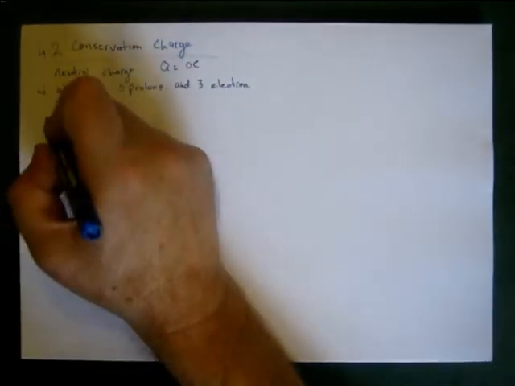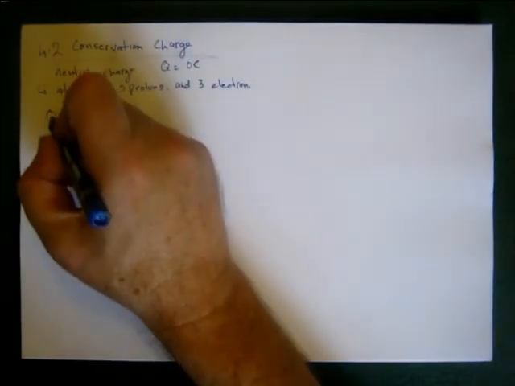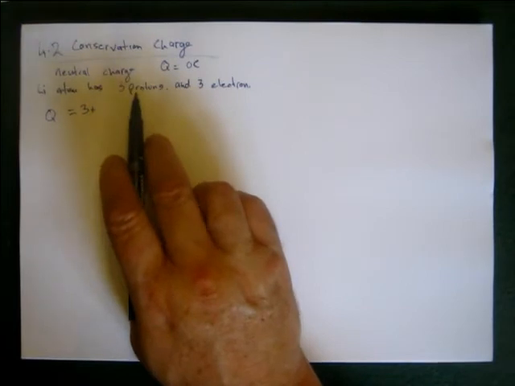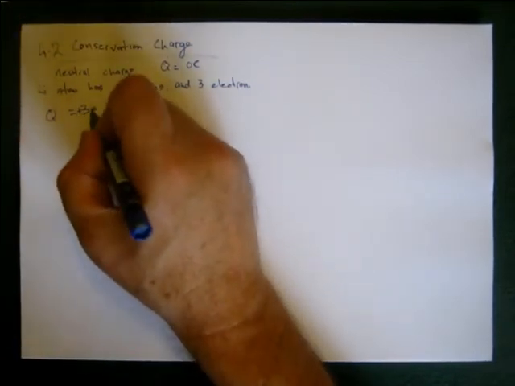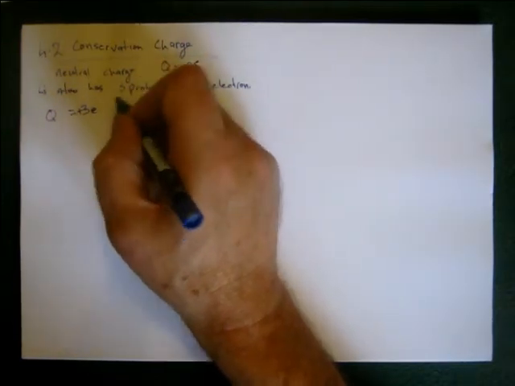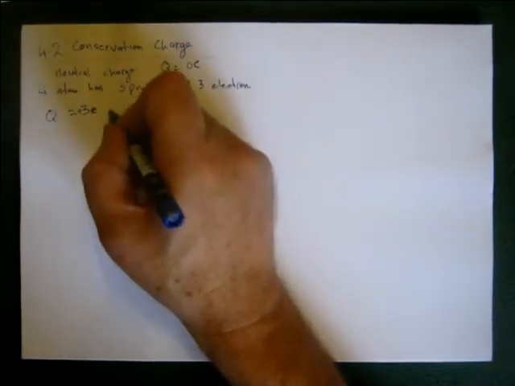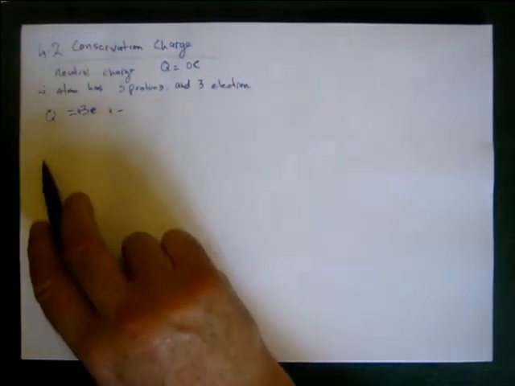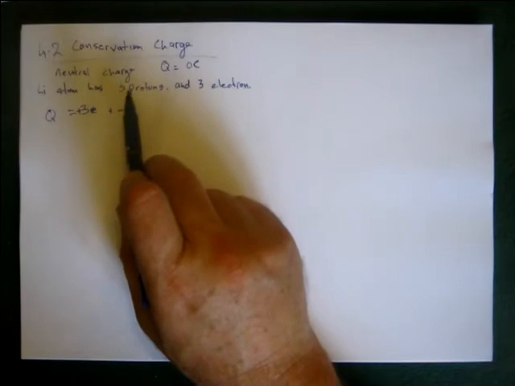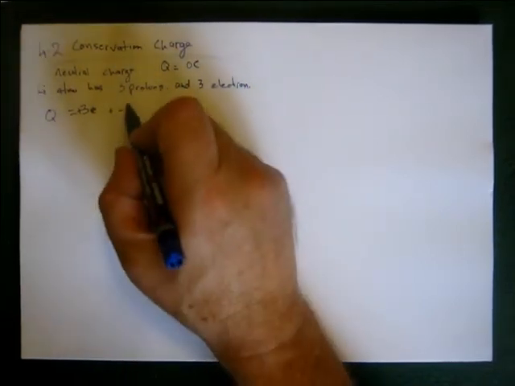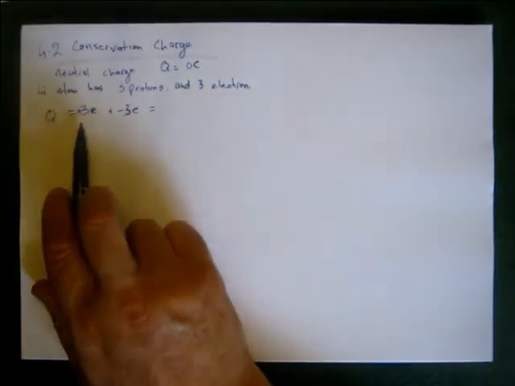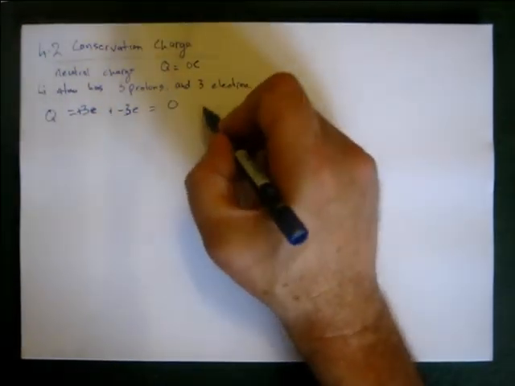So what's the total charge? Charge is equal to 3 elementary charge, plus negative, so I use the elementary charge in this case, electrons are the same size as a proton, but they've got the negative sign, plus negative 3 elementary charge equals, so plus 3 minus 3 equals 0, so neutral.